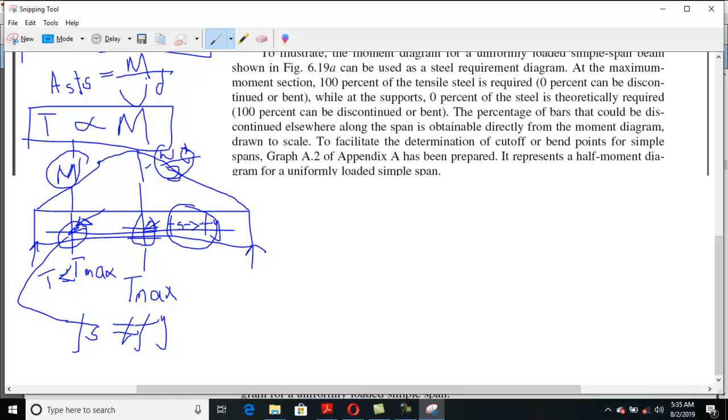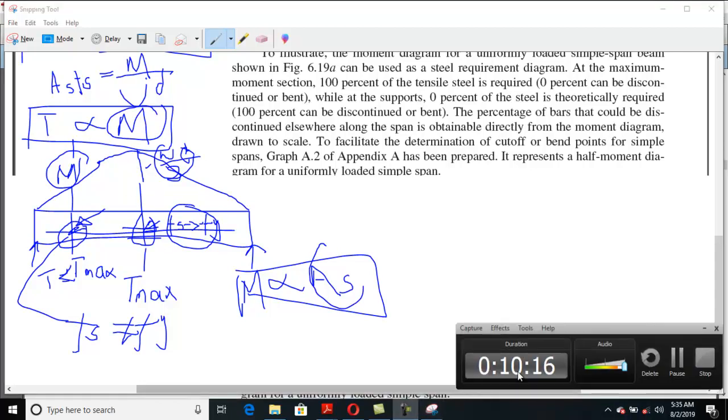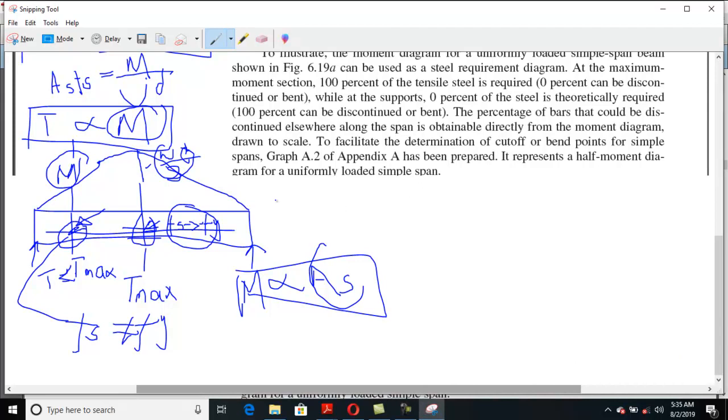If we reduce the steel area, you must know one other relationship, that moment is proportional to steel area. Clear? So if this moment needs a greater amount of steel at this point, the moment is less at this other point.